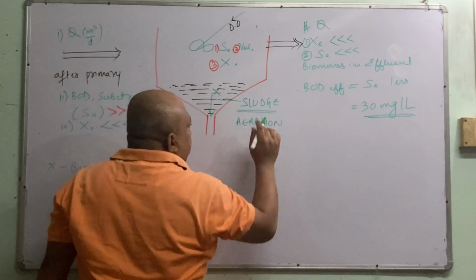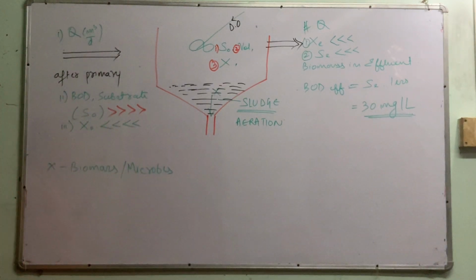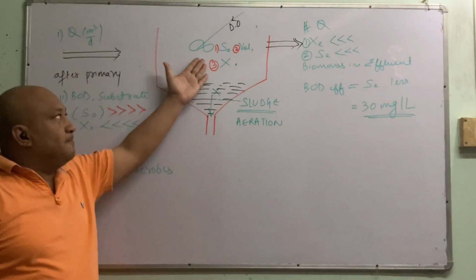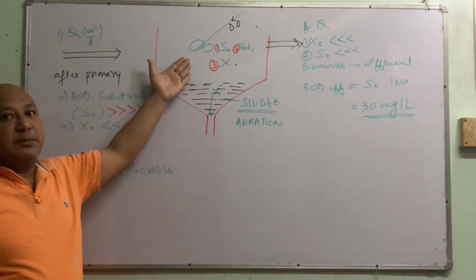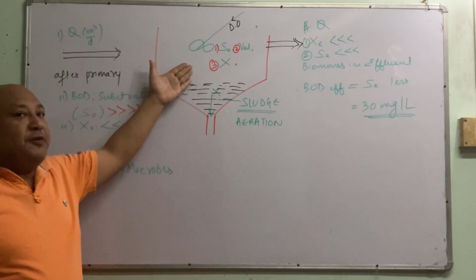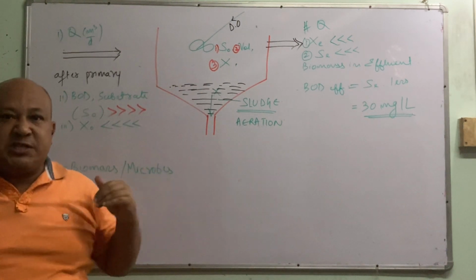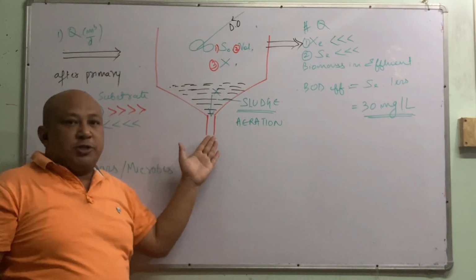Why do we call it sludge? It is the same as biomass. The thing is, this is a biologically active mass inside, so we call it biomass. It is microbes. However, if you are not going to use it, you are going to be wasting it away. We call it sludge.